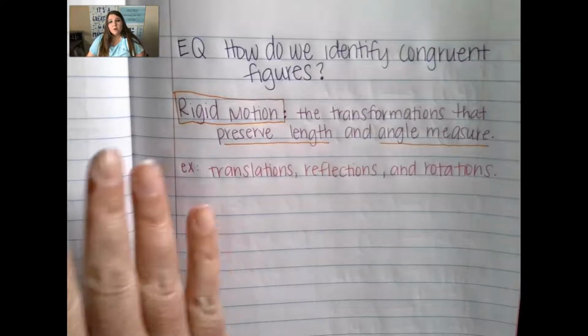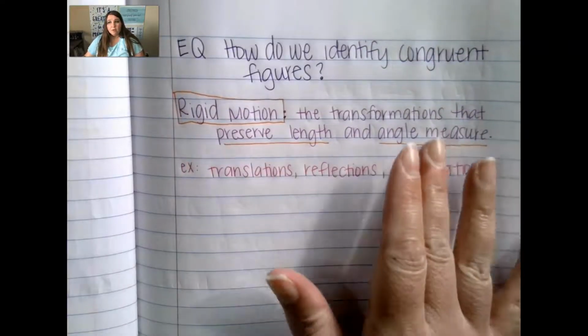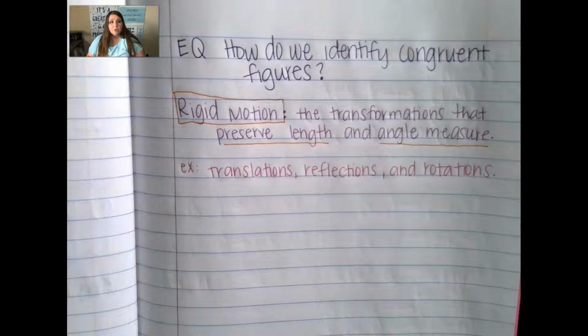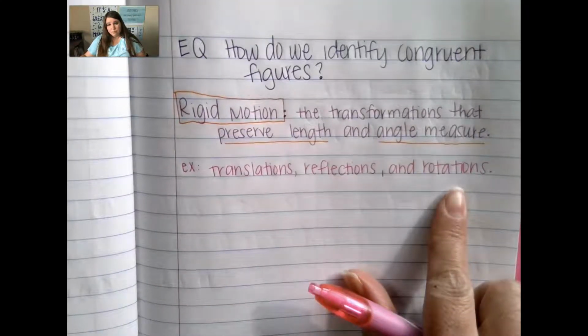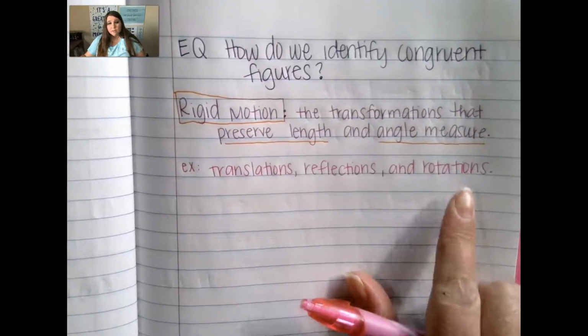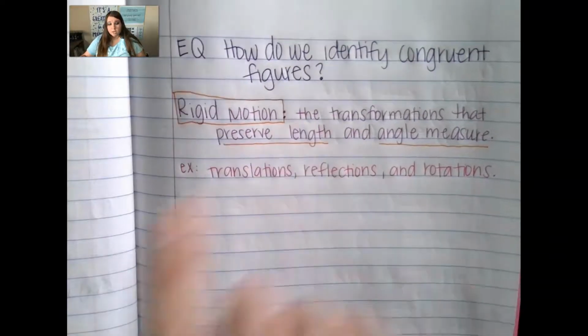The idea around preserving length and angle measure leads us to the word congruent. When we're preserving our length and our angle measures, we can compare two different figures by how they were moved or transformed using a rigid motion.